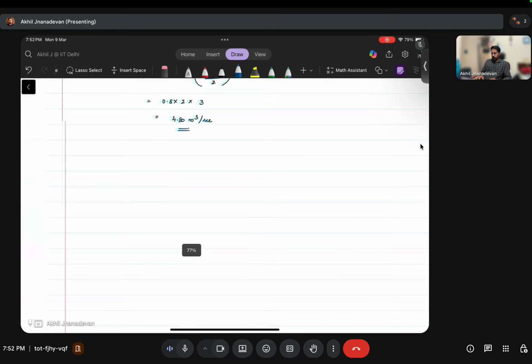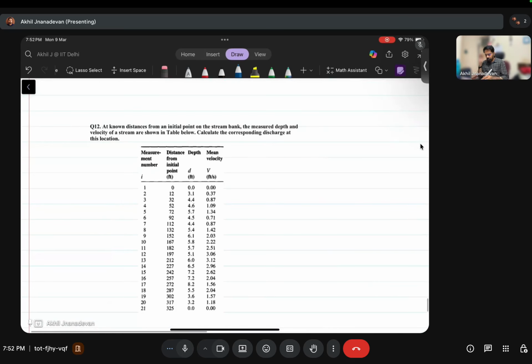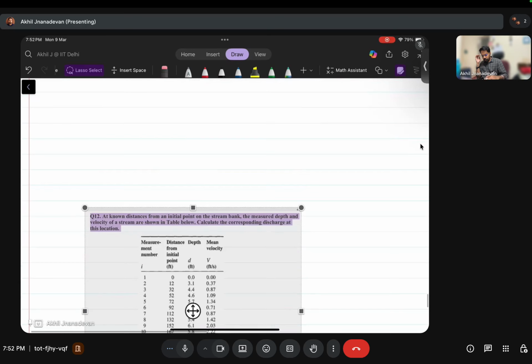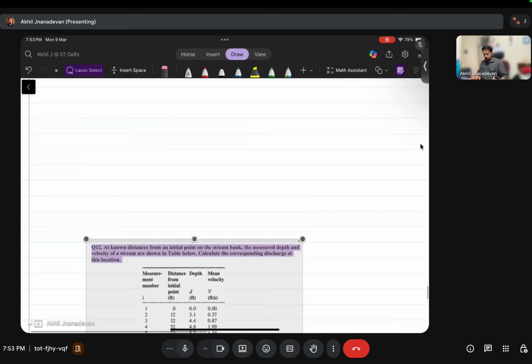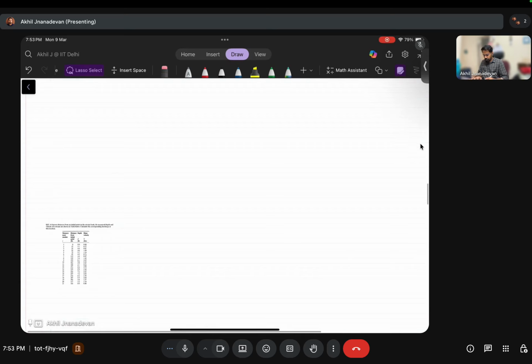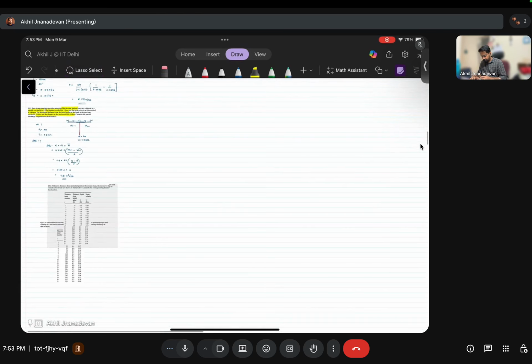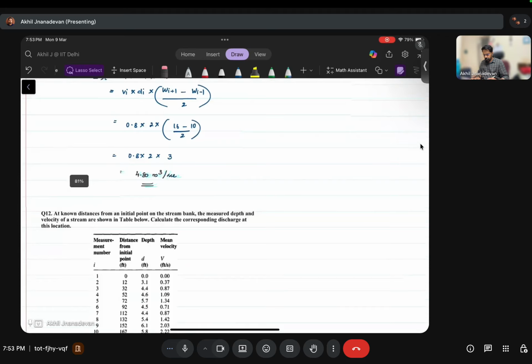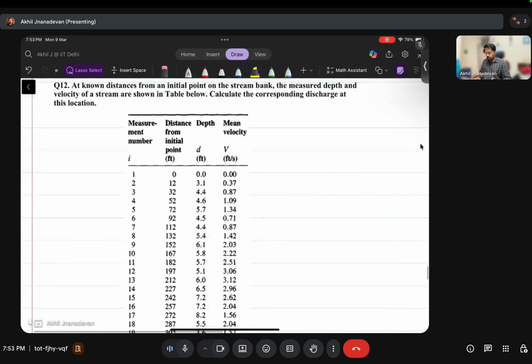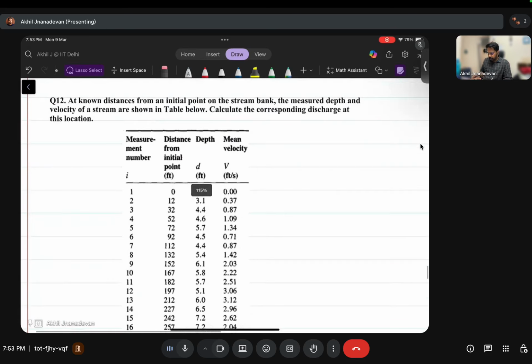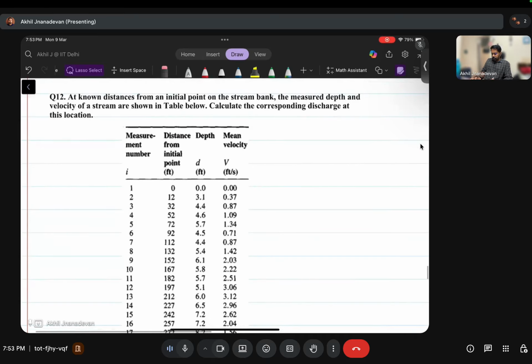So now we can move on to the final question. At a known distance from the initial point of the stream bank, the measured depth and velocity of the stream are shown.